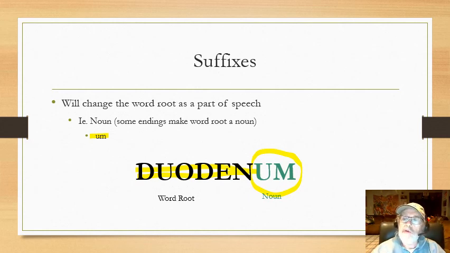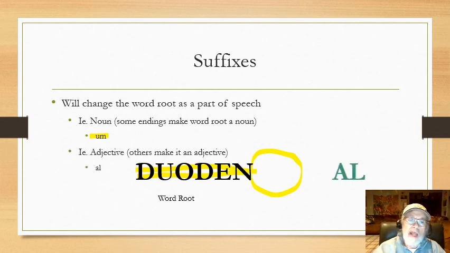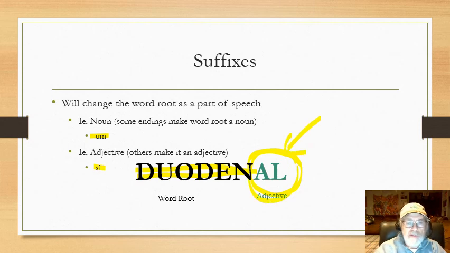However, if I take that off and add something else like an al, duodenal, al is an adjective suffix. So duodenal what? I ask myself. Duodenal ulcer, duodenal tumor, duodenal something, where duodenal would be the adjective and the ulcer or the tumor would be the noun.